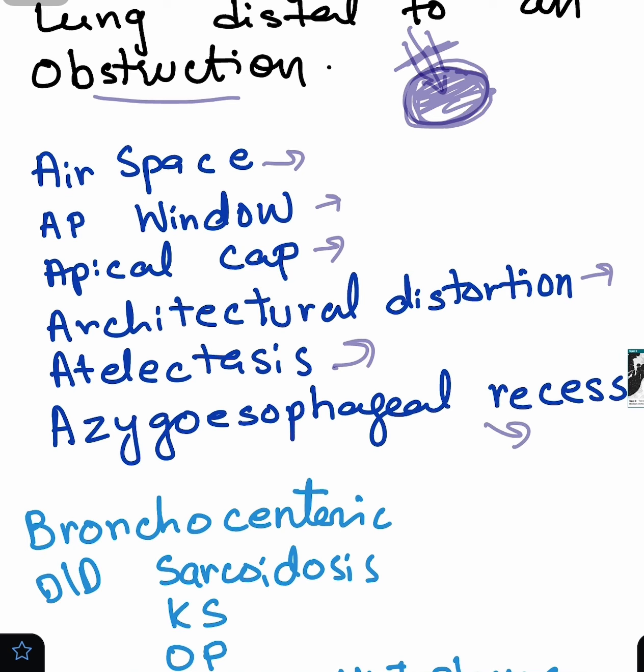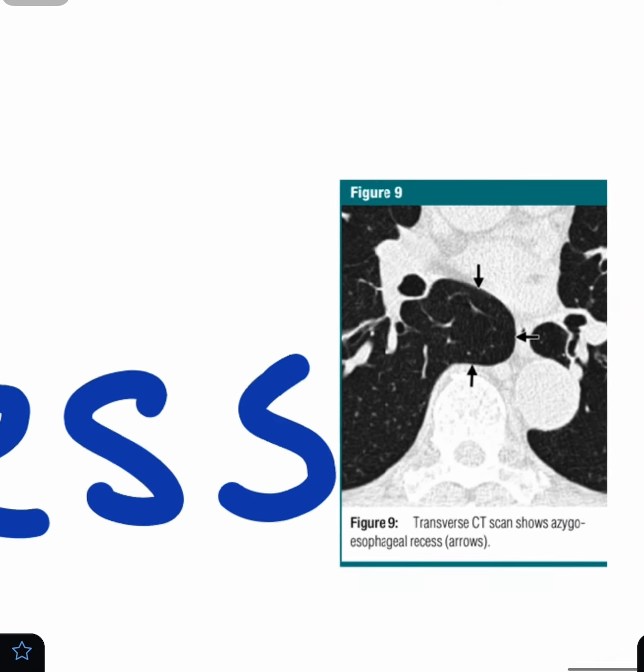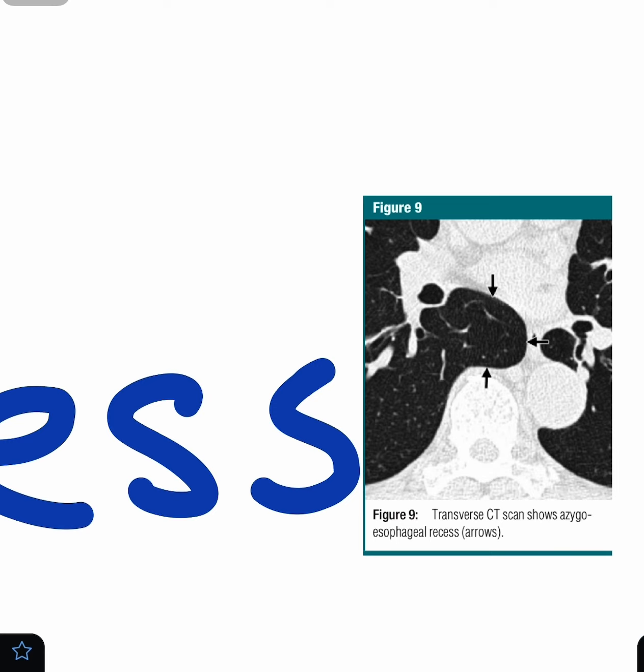Azygoesophageal recess is an area in the right lower lobe of the lung. It is bounded superiorly by the azygous arch, posteriorly by the azygous vein, anterior to the vertebral column, medially by the esophagus, and adjacent structures.